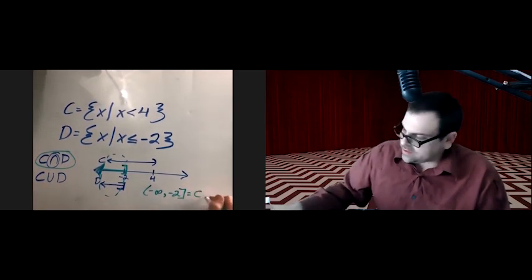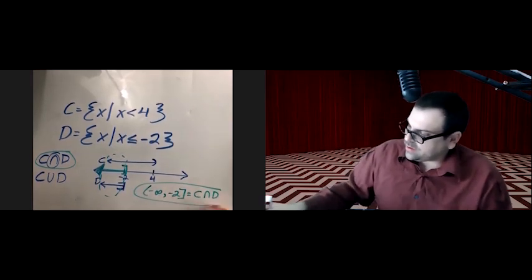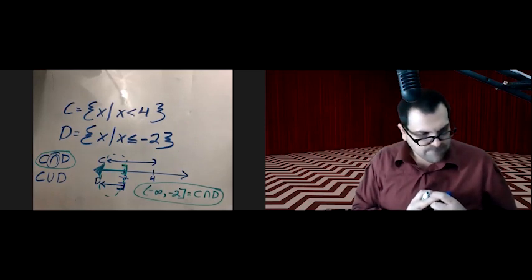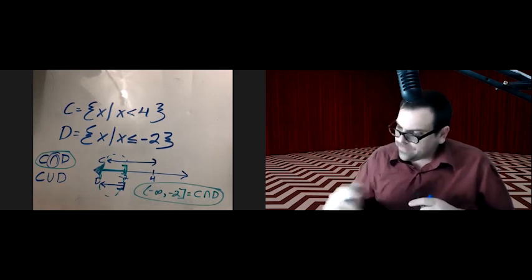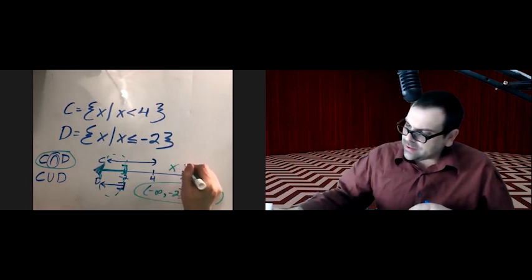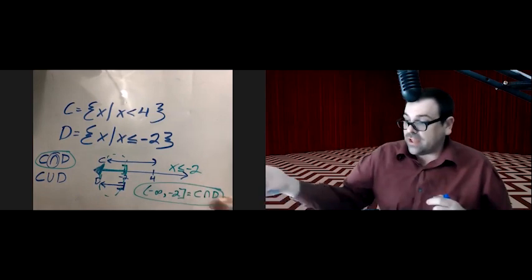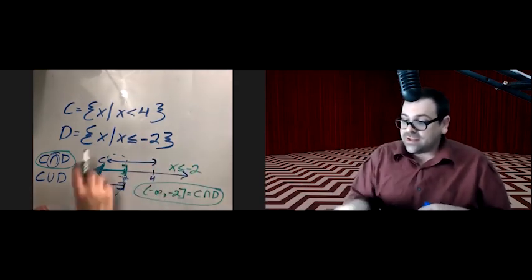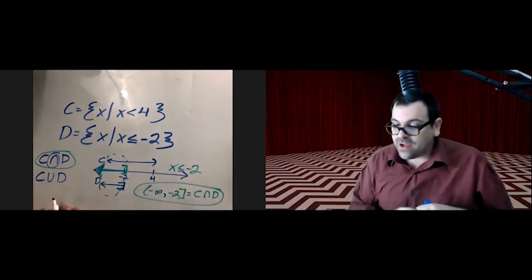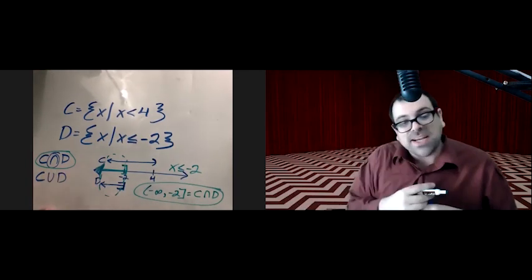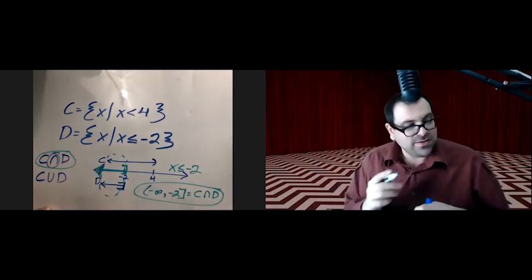That's going to be C intersection D, or x less than or equal to negative 2, or the set of all x such that x is less than or equal to negative 2. Or in this case, because we have a special name for this already, C intersection D could actually just be considered D.